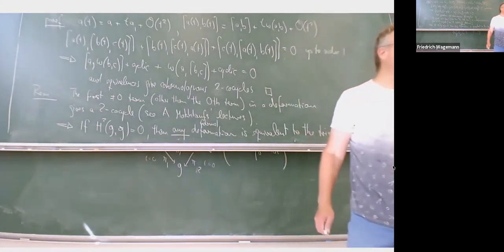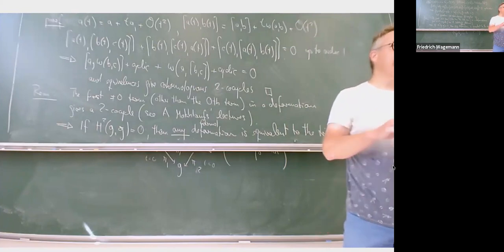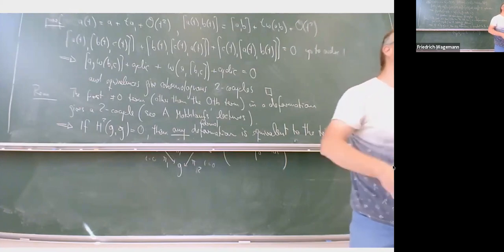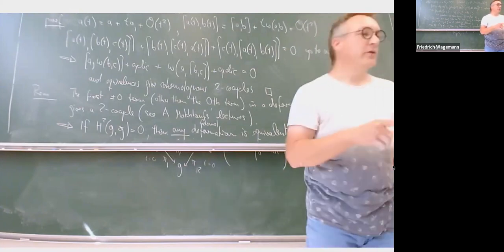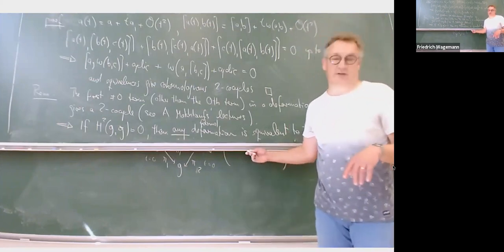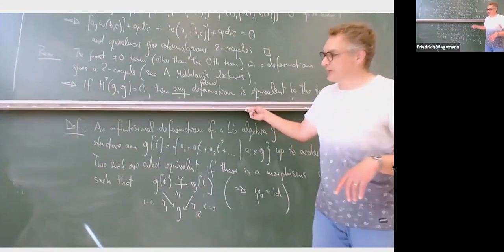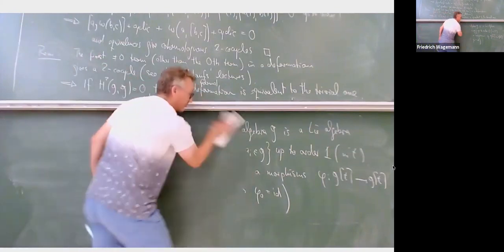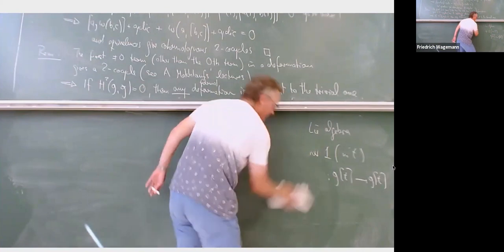Then it is very important to know these cohomology spaces, because they tell you in which directions you can deform your Lie or Leibniz algebra non-trivially. So this is what I meant when I said cohomology is a tool which is important in the structure theory of these algebras.